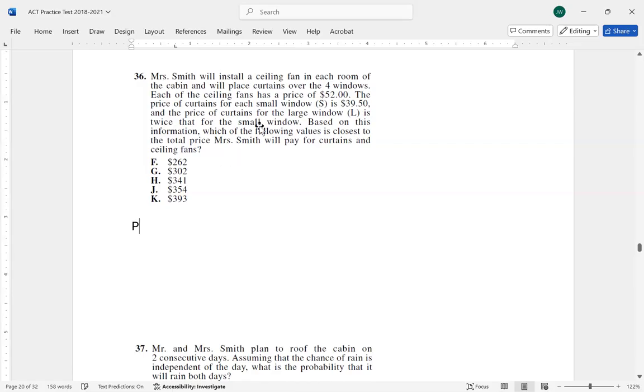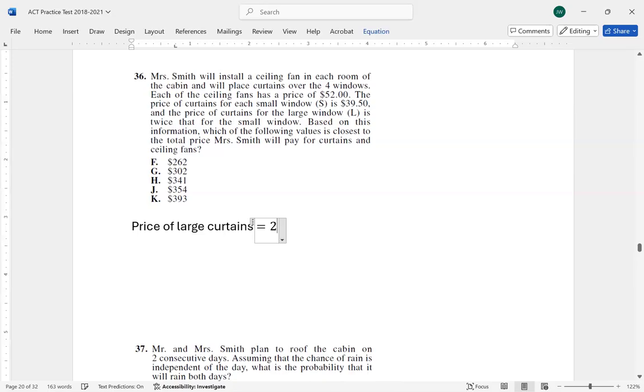Now, just before we start, price of large curtains is going to be the cost for the small curtains, but doubled.